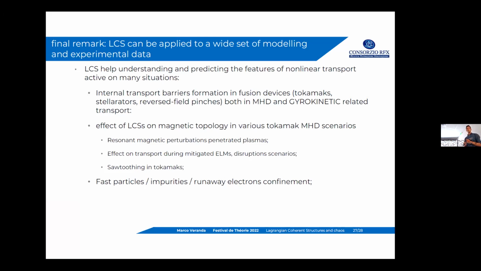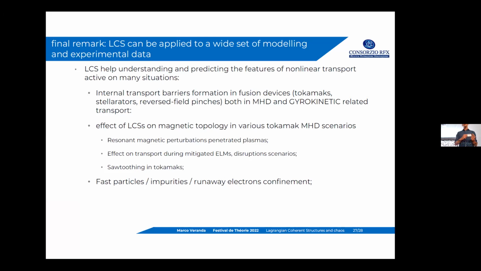I guess that up to now, we are still looking into the experimental data from the RFX-mod device, but they are at present the best candidate to explain why we observe temperature gradients where there is stochasticity. And this can be applied in other devices and in other modeling frameworks.